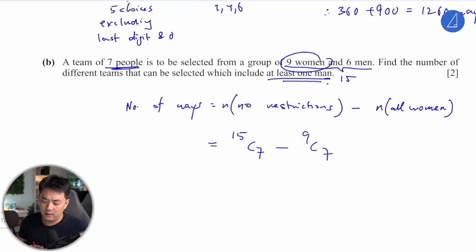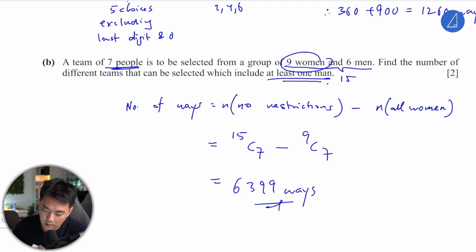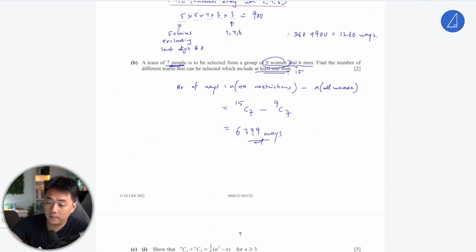So this will be our answer: 15 choose 7 minus 9 choose 7, which is 6399. Okay, 6399 ways. That's how we do this question here.